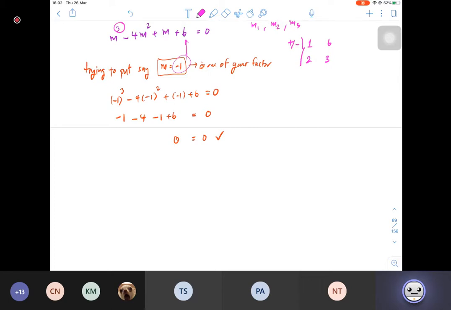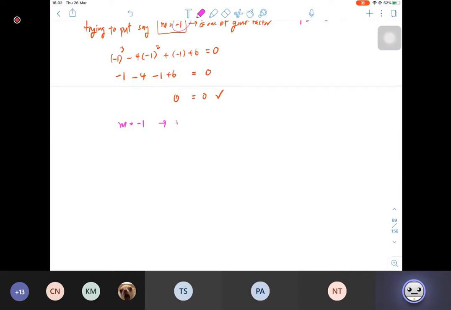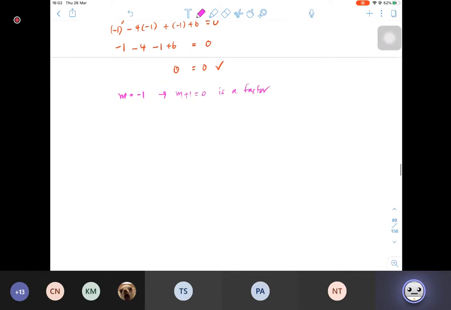So here I try m equal to minus 1, and I get the equation correct, so 0 equal to 0. It means that m equal to minus 1, or m plus 1 equal to 0, is a factor.